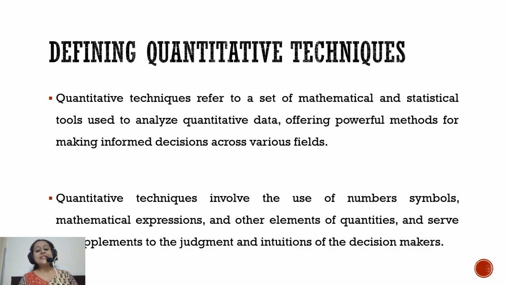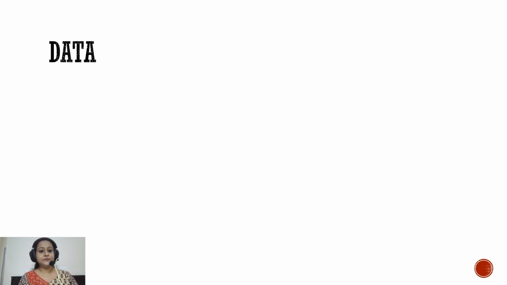So we can say that quantitative techniques is actually based on numbers, symbols, mathematical operators, different formulas, quantities, which serve as supplements to the judgment and intuition of decision makers, right? Now, as I mentioned, the base of quantitative techniques is data, which is numerical information.